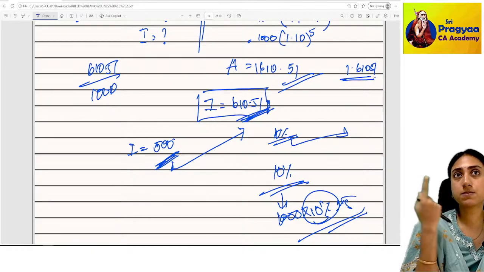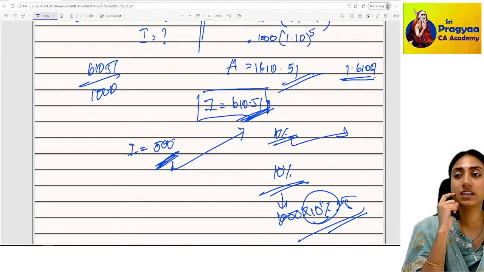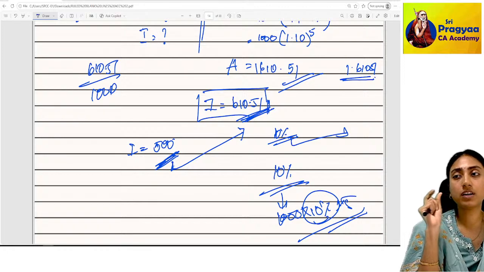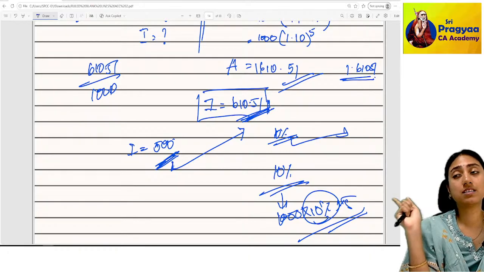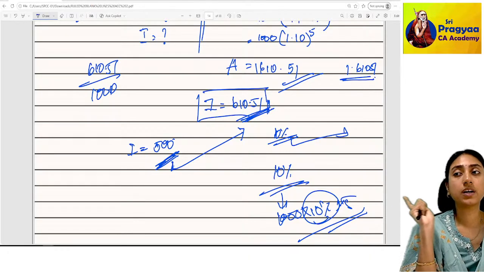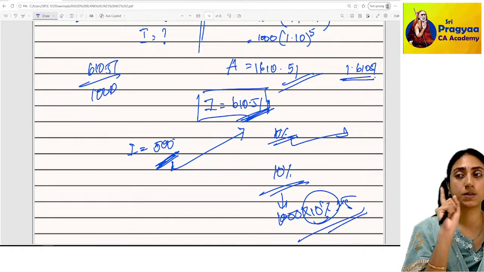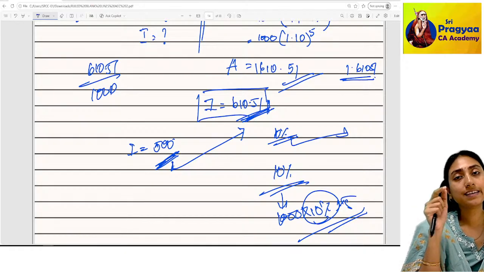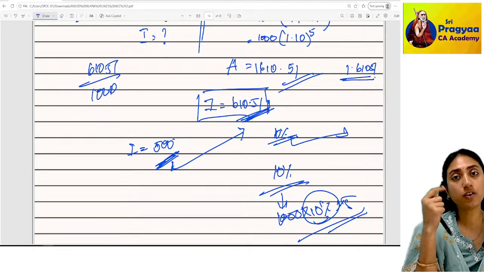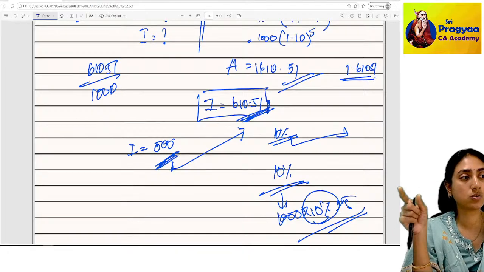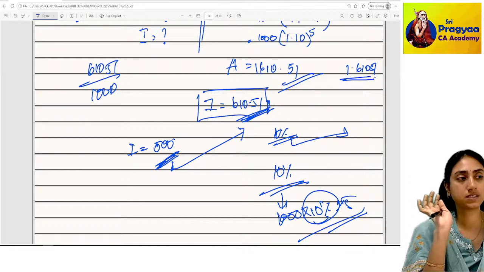You invest 1000 rupees. You are earning an interest in the first year of 10 rupees. Correct? To begin with, you had 1000 rupees. At the end of year 1, or year 0 also, you have only 1000 rupees.